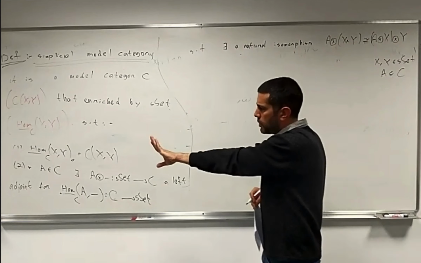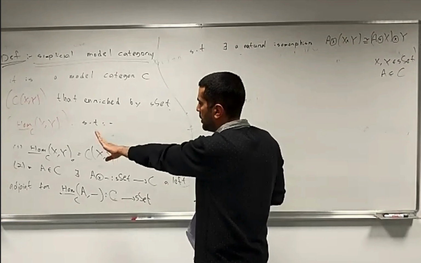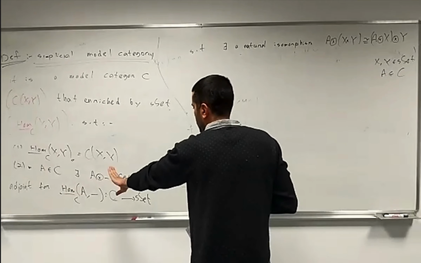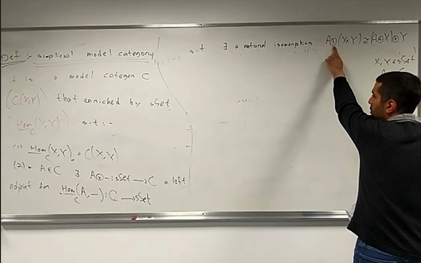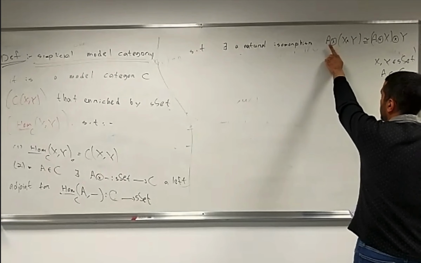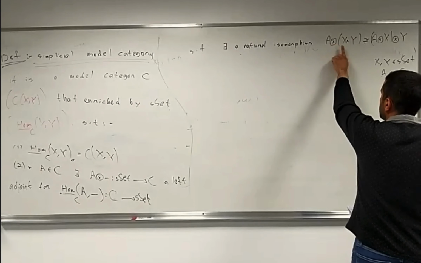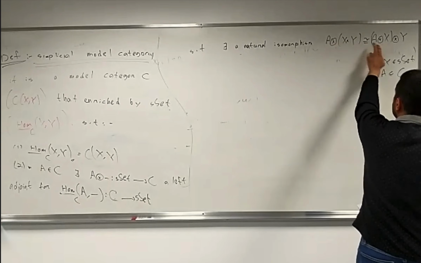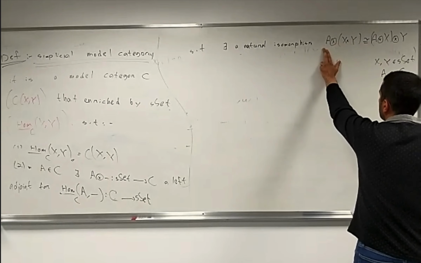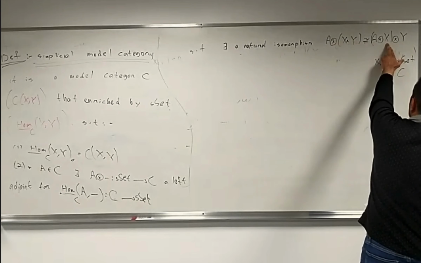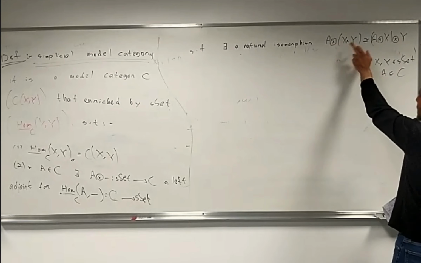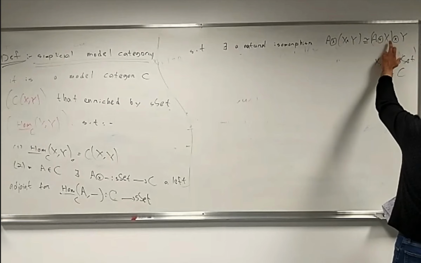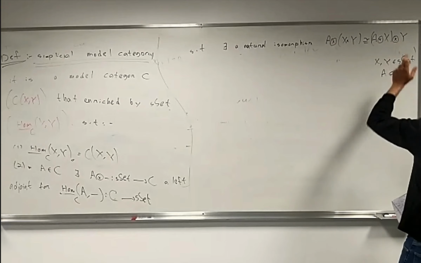This is a notation that Quillen used at the beginning. In the simplicial sets world it is just a product. If I take the product in simplicial sets and then do this, it is the same as the action of simplicial sets on A. So this action and then this action is the same.